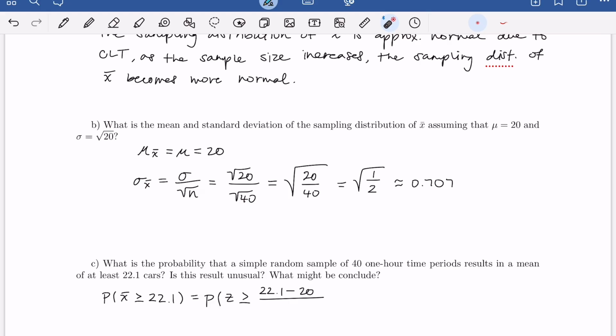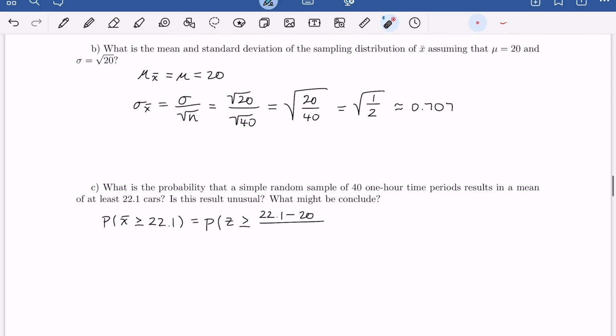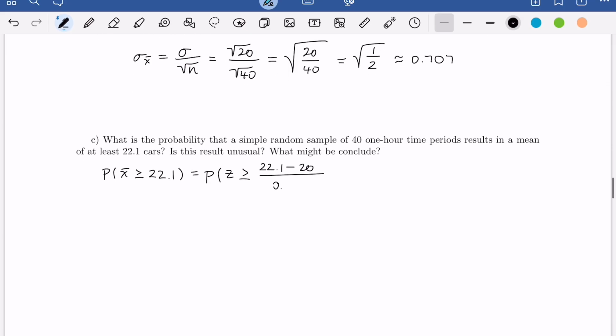It's actually going to be this guy. So the 0.707. All right. So we're going to get, the z-score is 2.97.